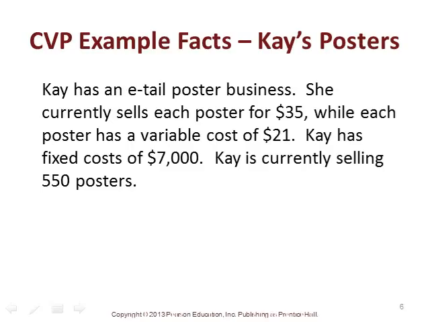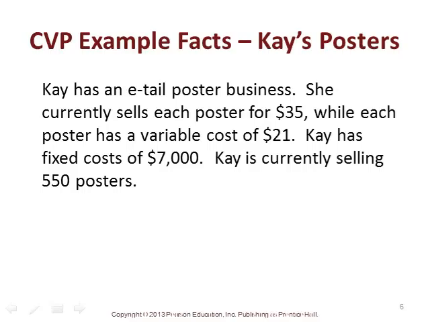And so throughout our discussion, we're going to be using this example using Kay's posters. So Kay has an e-tail poster business. She currently sells each poster for $35, while each poster has a variable cost of $21. There are fixed costs associated with Kay's business of $7,000, and she's currently selling 550 posters.